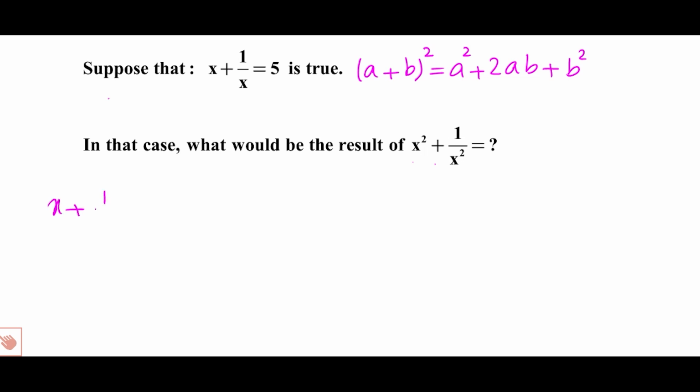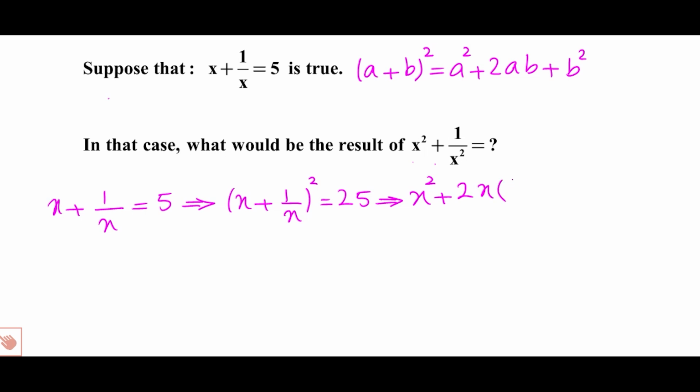x plus 1 over x is equal to 5. So if I square both sides, x plus 1 over x whole squared is equal to 25. So x squared plus 2x times 1 over x plus 1 over x squared is equal to 25.